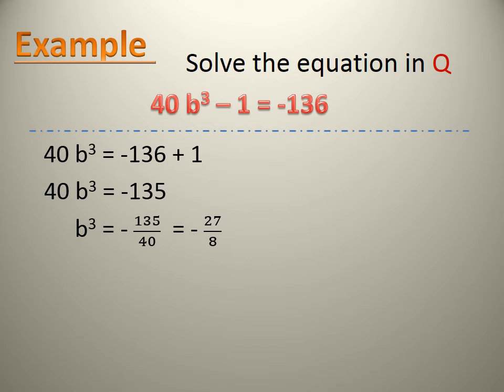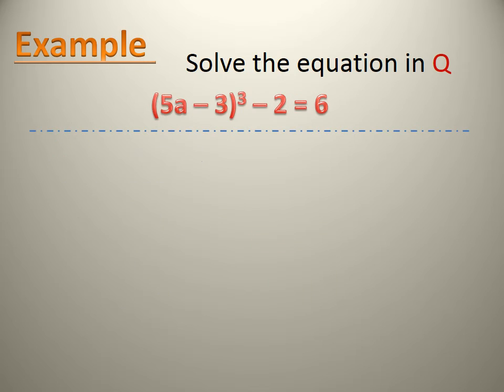Now the inverse operation of power 3 is cube root and vice versa. I repeat again, the inverse operation of power 3 is cube root. So by taking the cube root of both sides, b is the cube root of negative 27 over 8, which is negative 3 over 2.